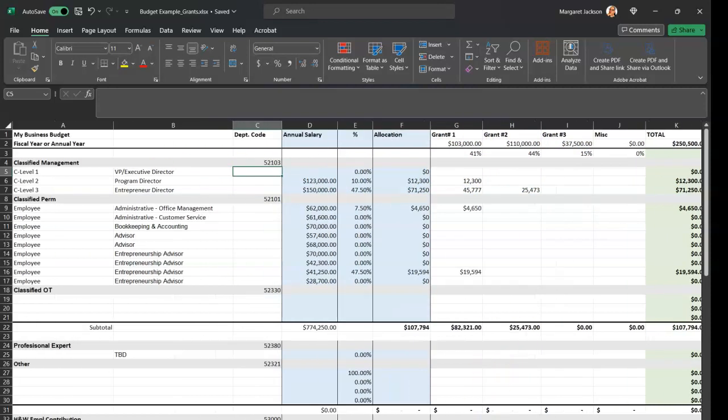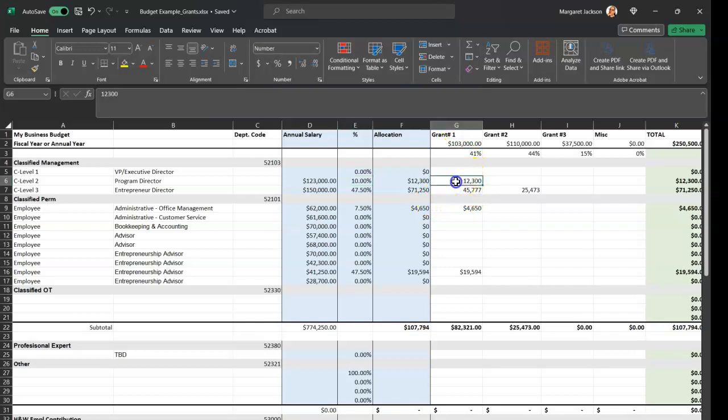We list them because they are the overseer of this particular organization. And then you have someone who's running the department program, and then you have, in this case, an entrepreneur director.